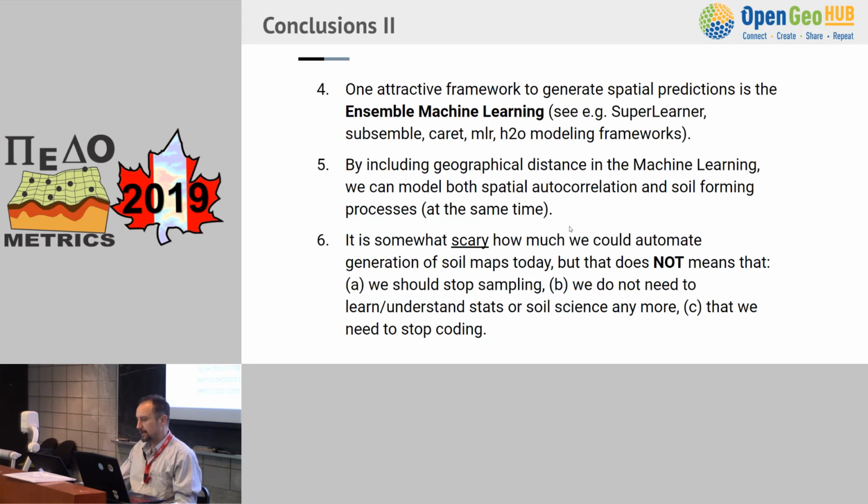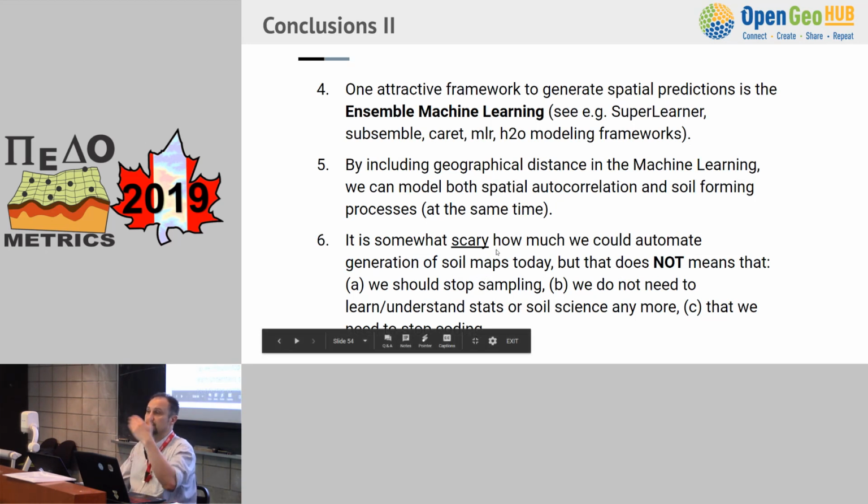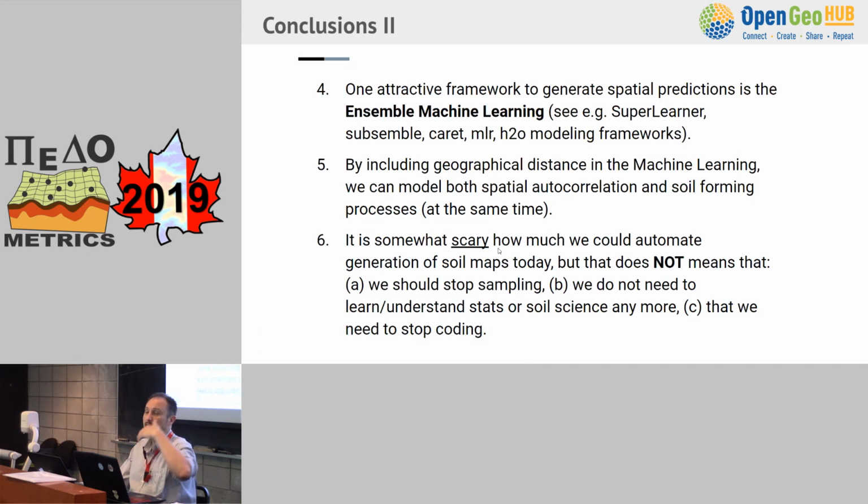And yes, it's a bit scary how much you could automate, but that doesn't mean that we should stop sampling. It just means, I think this two-stage sampling, I would like to do that more in future. I don't have at the moment budget to go and test that, but if somebody wants to do it, I will be very interested to contribute. So you do this two-stage modeling.